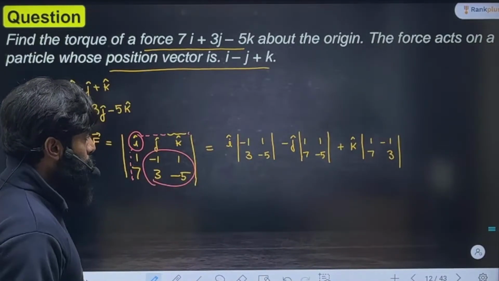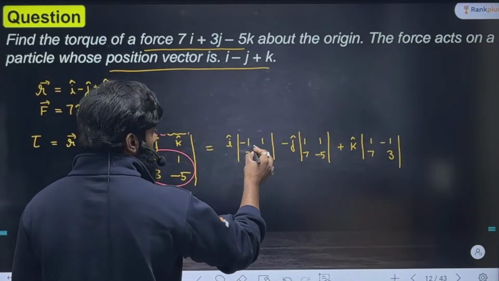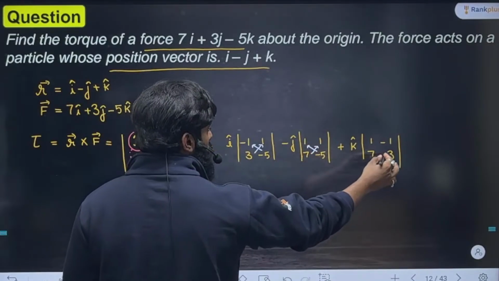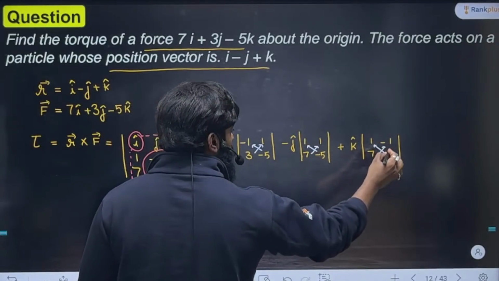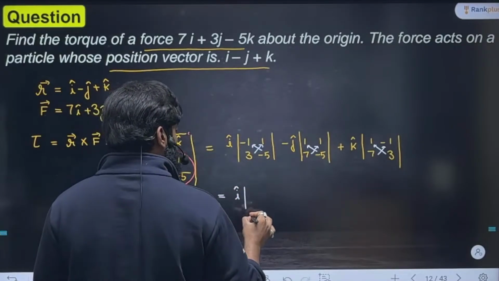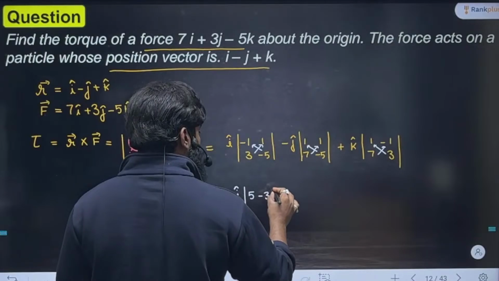And now you have to open this. To open this, what you have to do is just cross multiply. Here also just cross multiply. So you will get i cap, and here 5 minus of 3.